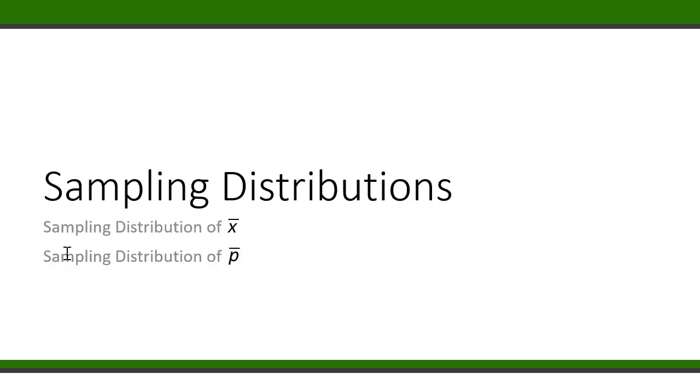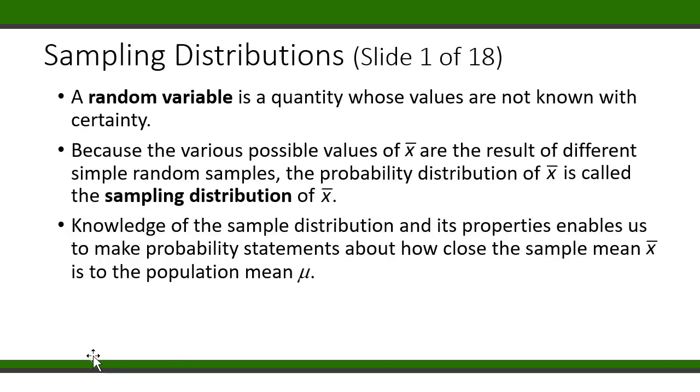The next thing we want to talk about is the sampling distribution of your sample mean and the sampling distribution of your sample proportion. It's not really a mean, it's just your proportion. When you're doing this sampling, you have a random variable whose quantity you don't really know for sure, but you'd like to see how it's distributed.